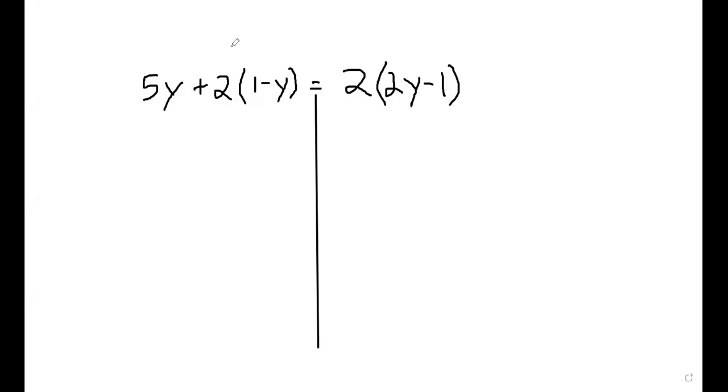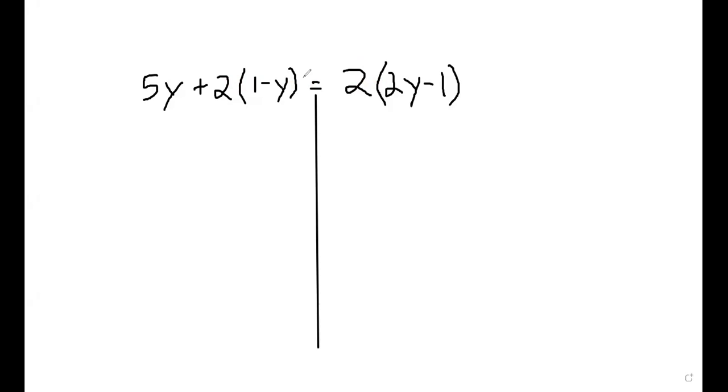We have some here, and then we have some over there too. So we want to get rid of those parentheses. And I also noticed that this number here is close and this 2 over here is close. So that means we need to use the distributive property to get rid of those parentheses.